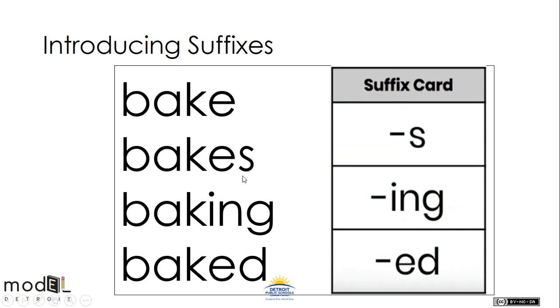It has the suffix S. What about ing? Good job. Baking has the suffix ing. What about ed? Very good. Baked has the suffix ed.